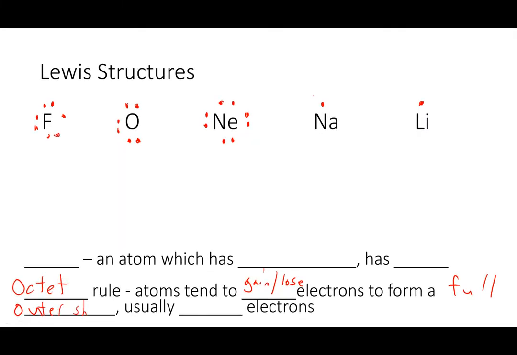A full outer shell, and this is usually 8 electrons. What do I mean by this? Well, if you take a look at fluorine, fluorine only has 7 electrons on its outer shell. And what the Octet Rule tells us is it would prefer to have a full outer shell, which is usually 8.